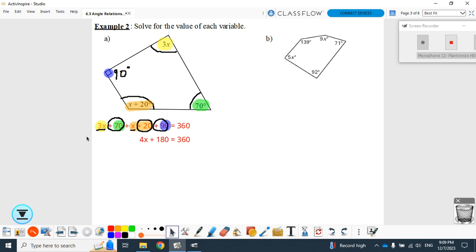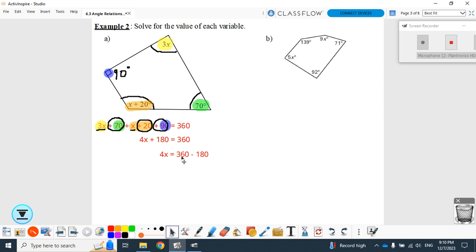And this brings us back to solving two-step equations, doesn't it? Because what we're going to do now is take this 180 and bring it to the other side. And when we do that, it's no longer plus 180. It is now minus 180. We get 4x equals 360 minus 180. And we can tidy that up.